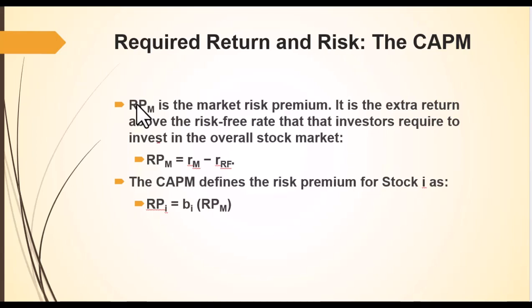That's what we refer to as the risk premium sub M, the risk premium of the stock market. But if you buy an individual stock, we want to know the risk premium for the individual stock. If you take the risk premium of the stock market and then adjust it by the market risk of that individual asset, that will give you the risk premium for the individual stock.